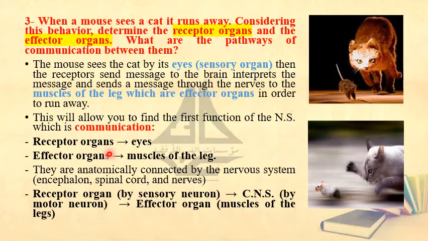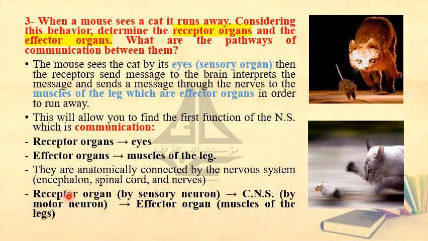So here the receptor organs are the eyes, and the effector organs are the muscles of the legs, and they are anatomically connected. What do we mean by anatomically? We mean structurally. Structurally, they are connected to each other by the nervous system: the brain, the spinal cord, and the nerves.